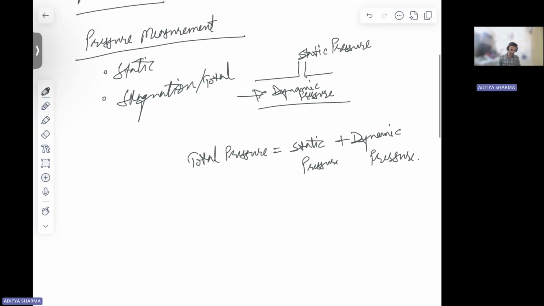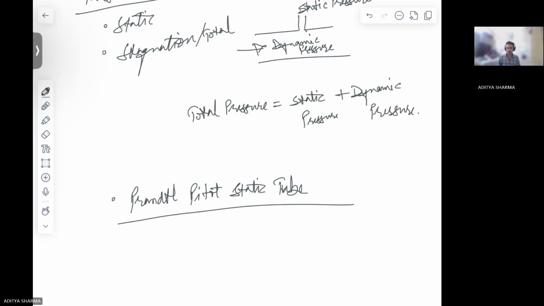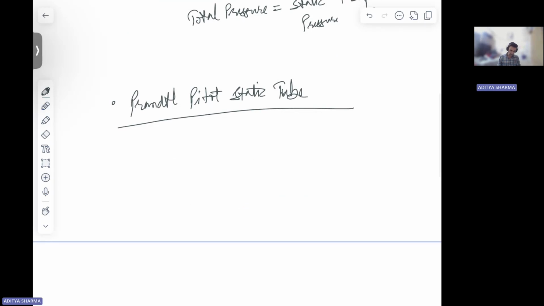Now in subsonic flows, we have this Prandtl pitot static tube that is used to measure the flow pressures, both the stagnation and static pressures. It is something like this.